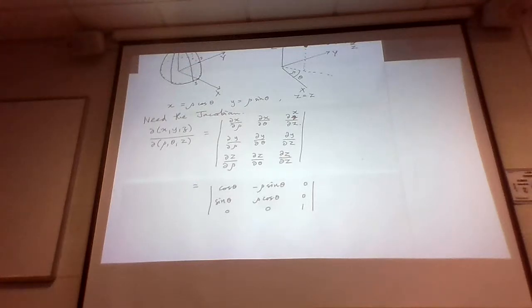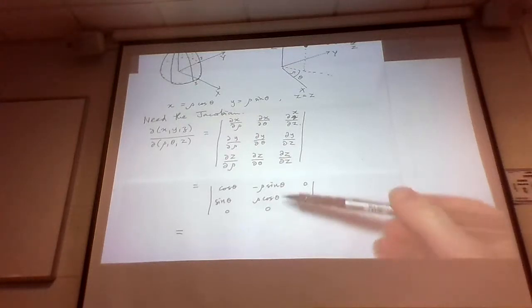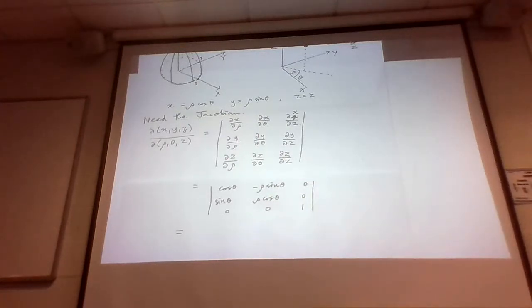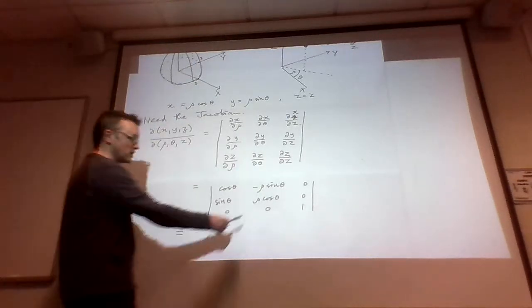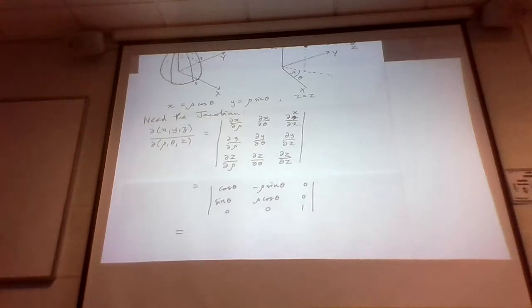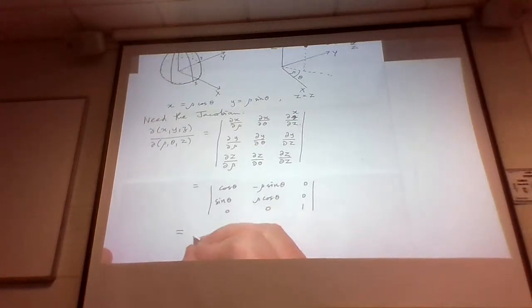And we're all used to, since we're in the middle of doing coursework, simplifying determinants by extracting common factors. You can see that there's a common factor there in the middle column of rho. Rho is also present as a factor of 0, so we can extract out that common factor.